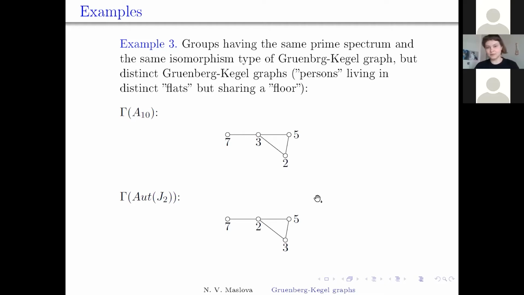This type is so-called PO, and in Novosibirsk, my colleagues like to name this graph balalaika. But you can see that these graphs are isomorphic as abstract graphs, but are not equal as labeled graphs. However, the prime spectra of these groups coincide, but the Gruenberg-Kegel graphs are distinct.